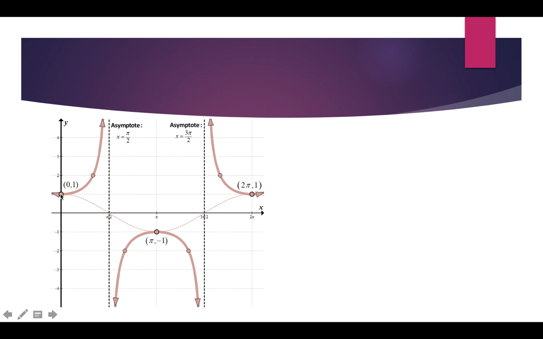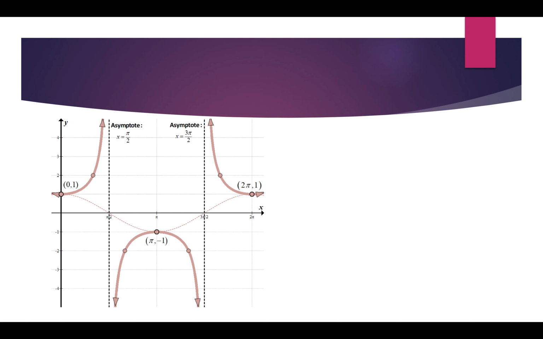Well, all the ones, look across where it's 1, stays as 1. All the negative ones stay as a negative 1. Any 0, well, there it is, pi over 2, cos is 0. Take the reciprocal, you got an asymptote. 3 pi over 2, take the reciprocal, you got an asymptote.